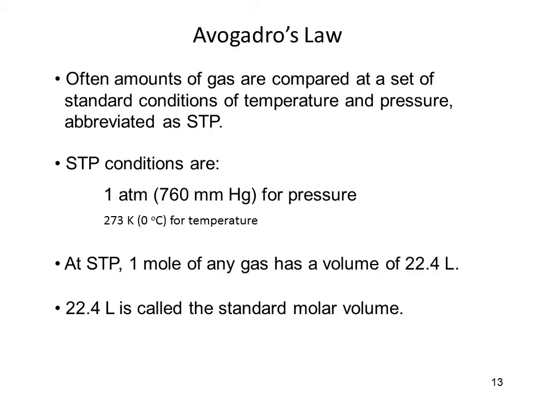At standard temperature and pressure, what we find is 1 mole of any gas, of course, that's a gas that's not near the point of liquefaction, but 1 mole of any gas will have a volume of 22.4 liters. This is called the standard molar volume, and so basically 1 mole is equal to 22.4 liters of volume when we have 0 degrees Celsius and 1 atmosphere.